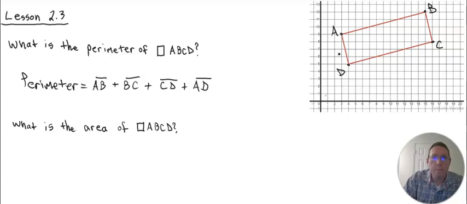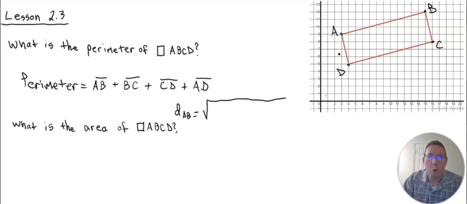okay? And in lesson 2.2, we learned how to identify the lengths of these sides. If you recall, we used the distance formula. So for example, the distance of AB is going to use the formula, and the distance of all of them is going to use the same formula.